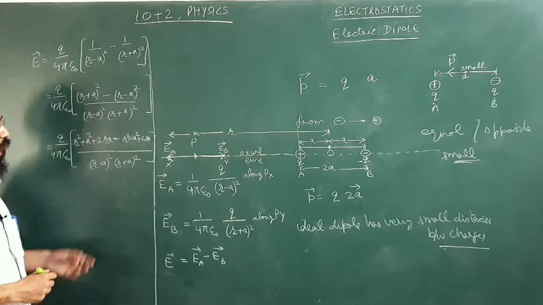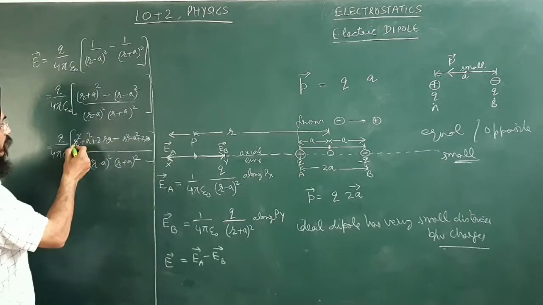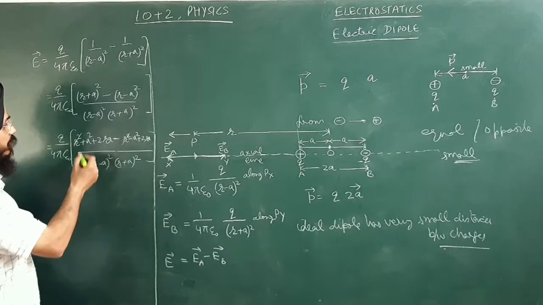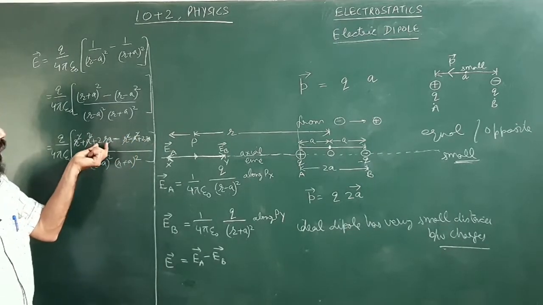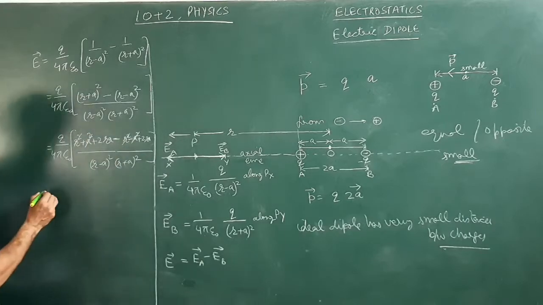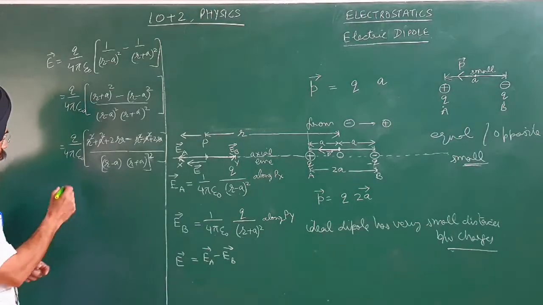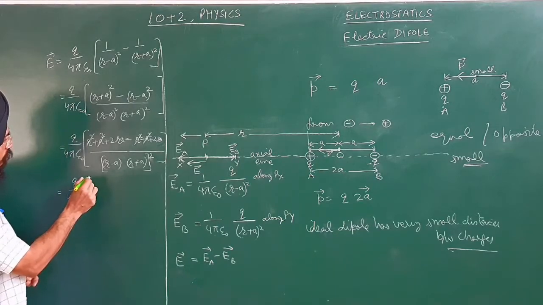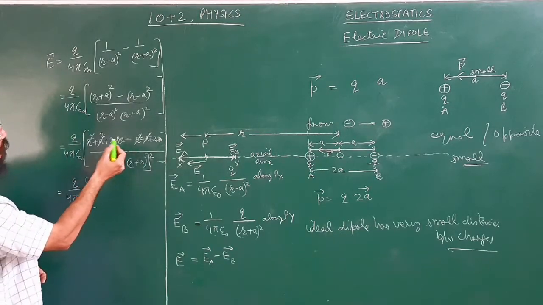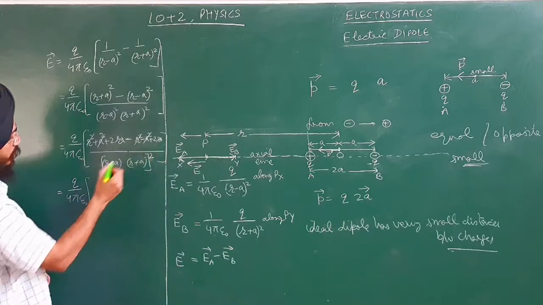When you do this operation, r square will cancel out with r square, a square will cancel out with a square. What are we left with? 2ra plus 2ra. Now from here, q upon 4 pi epsilon naught, we are left with 2ra plus 2ra.